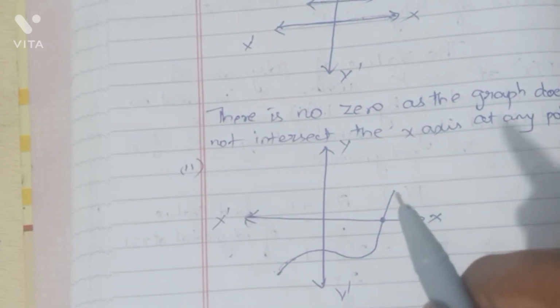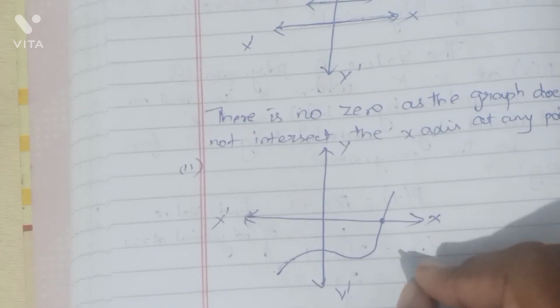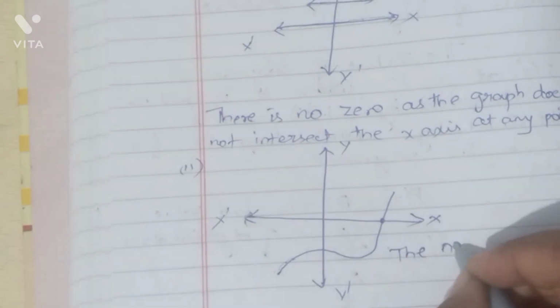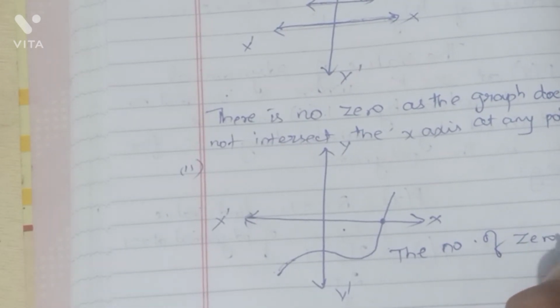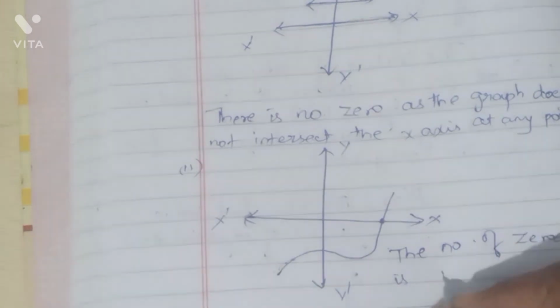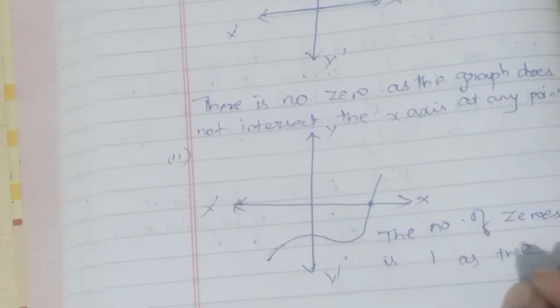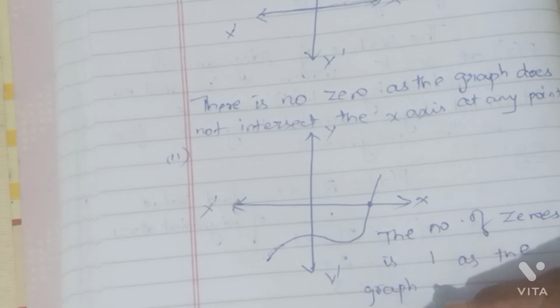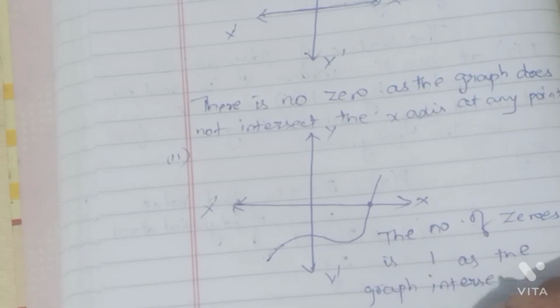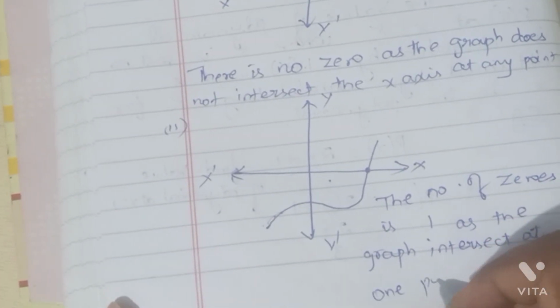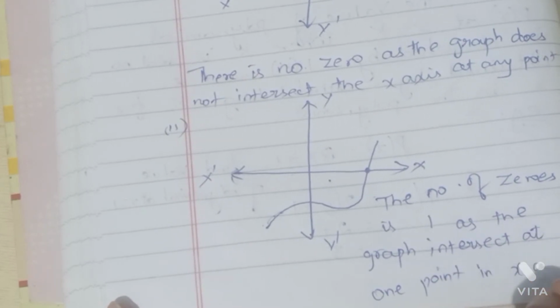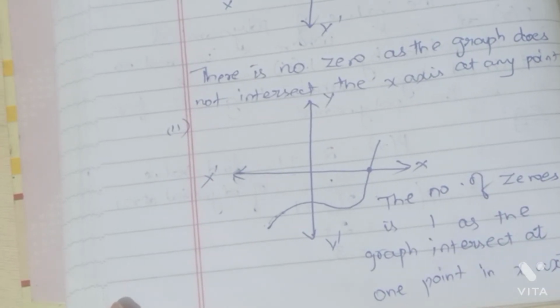The number of zeros is 1, as the graph intersects at one point in the x-axis. Is it clear? So the graph intersects at one point in the x-axis.